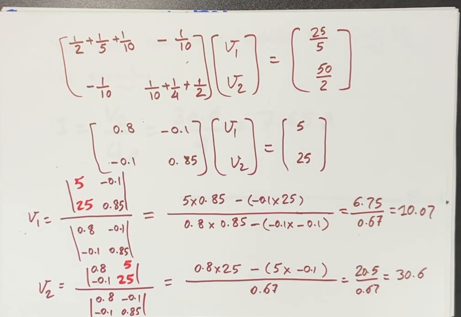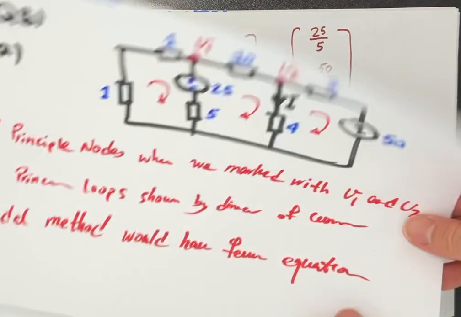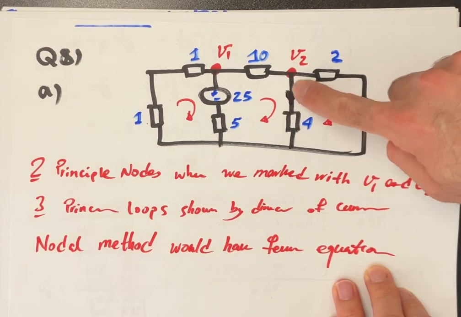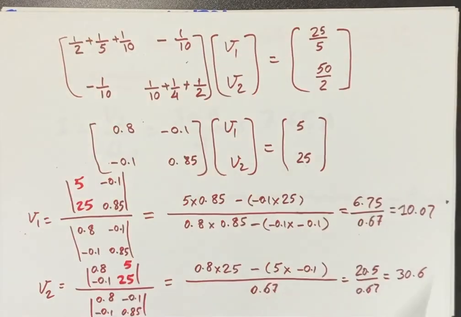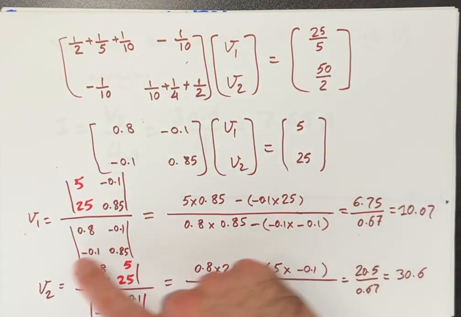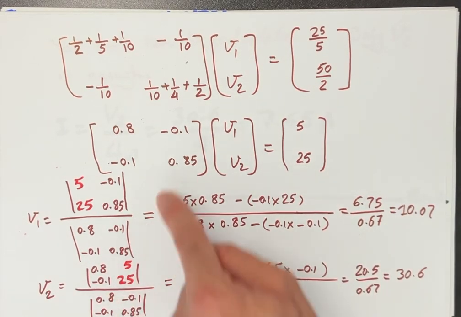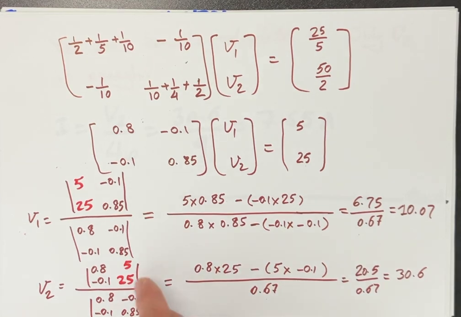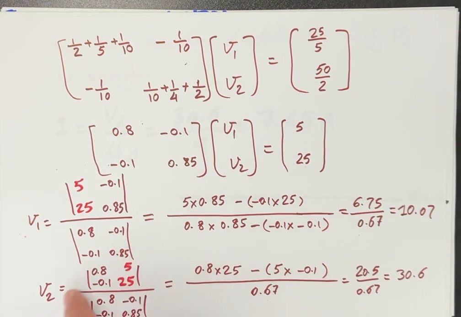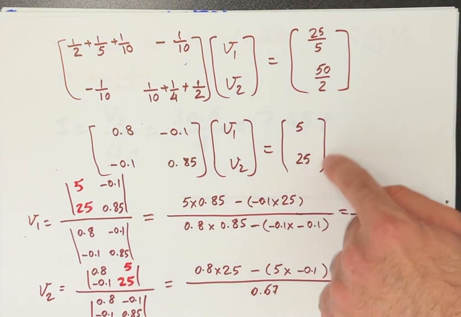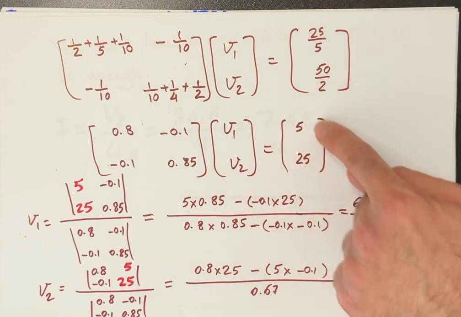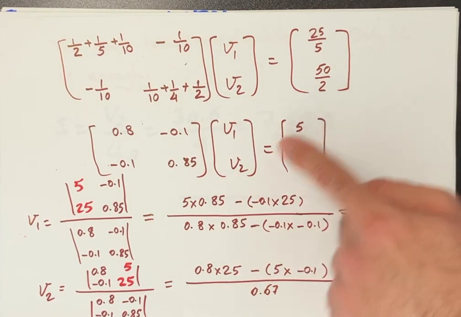If you look at the original question, to obtain that current you only need to know v2. So you write this part: below, the determinant of this coefficient matrix, and on top, you copy the same and only replace the second column, because this is the second variable, with the current source values.